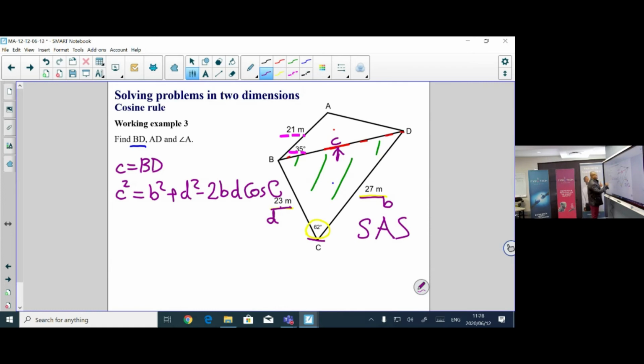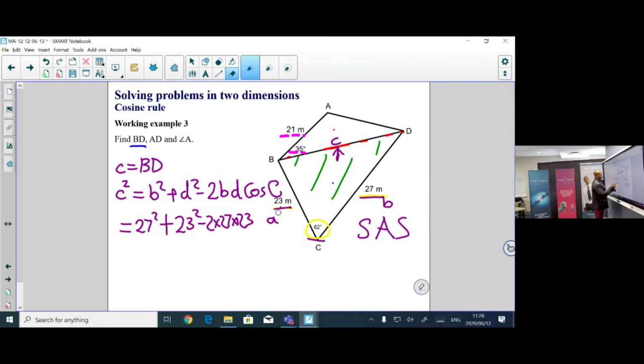So I'm going to substitute this to become 27 squared, which is your small b squared, and then 23 squared minus 2 times 27 times 23, so this is still our d, times cos 62.